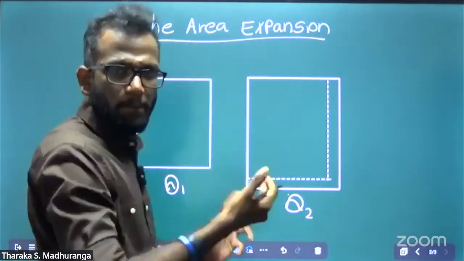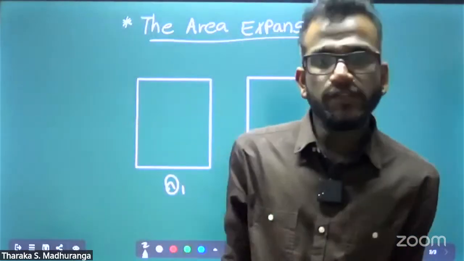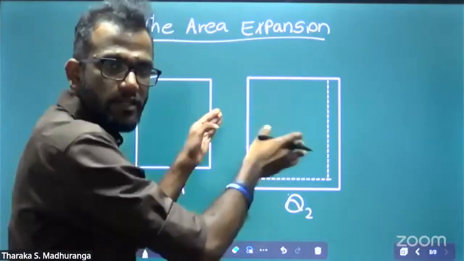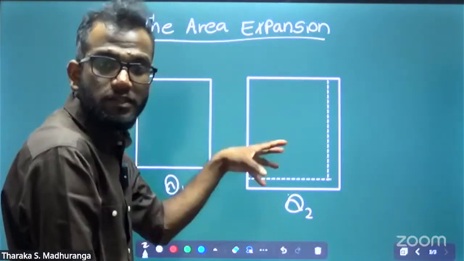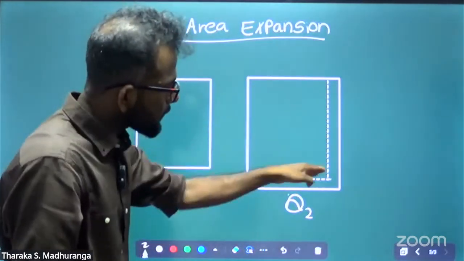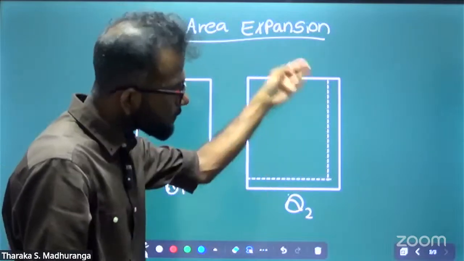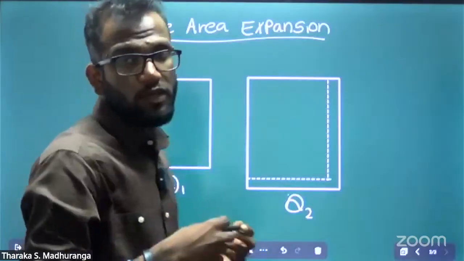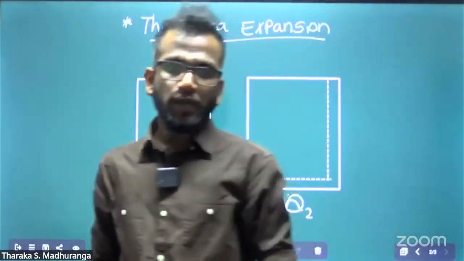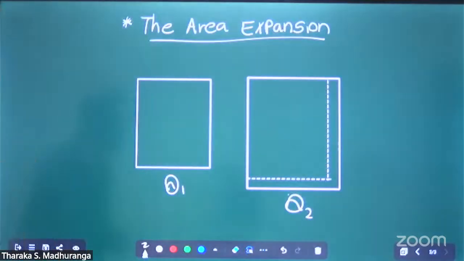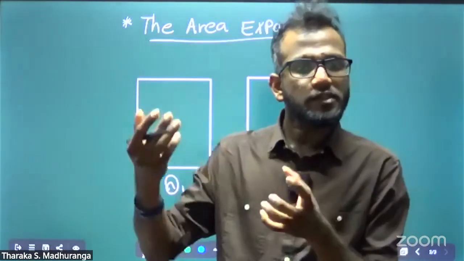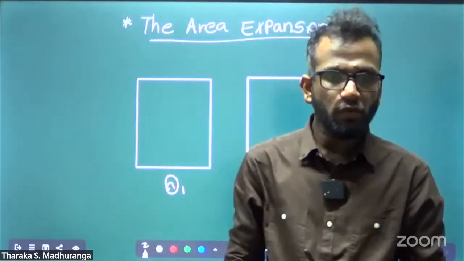When we increase the temperature, the surface area increases in two dimensions. The length and width both increase, and that we call the area expansion of solids.